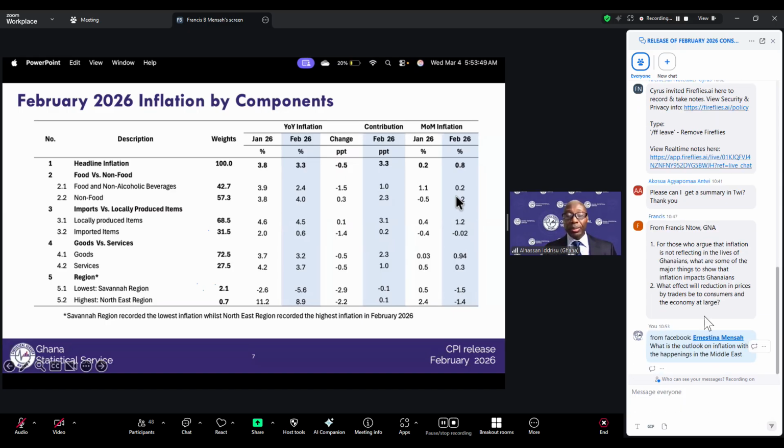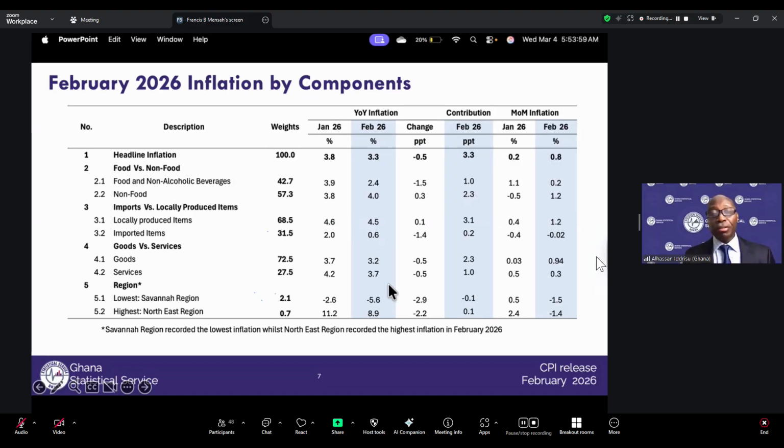From the foreign side, global commodity prices, including crude oil prices, would affect inflation. Even foreign inflation, inflation in the places we import goods from, would also affect inflation. I also talked about base effect.